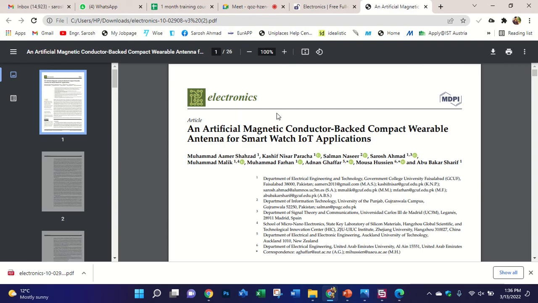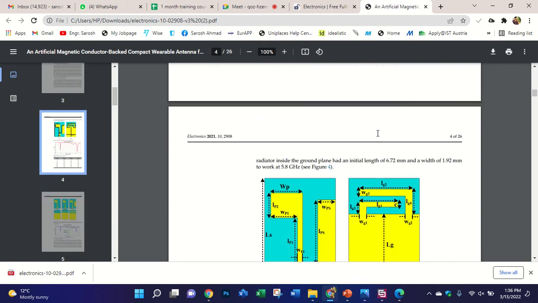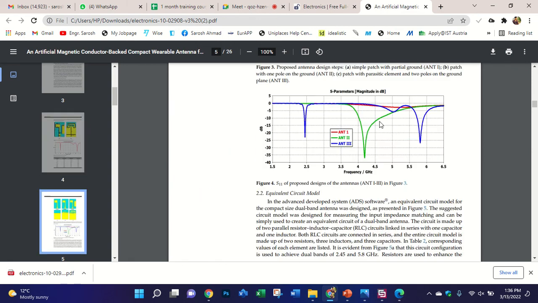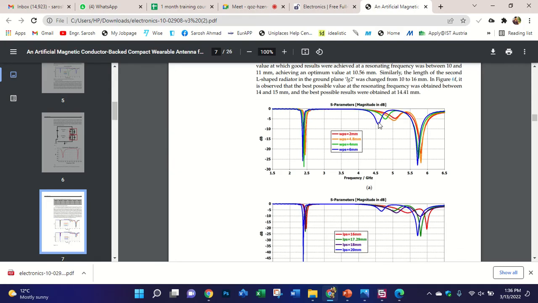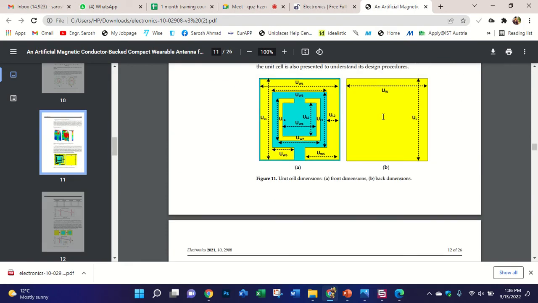I just want to show you that this is the size of the antenna. Here I use the partial ground plane with these slots, and I use the metamaterial here. This is the AMC unit cell, this one.